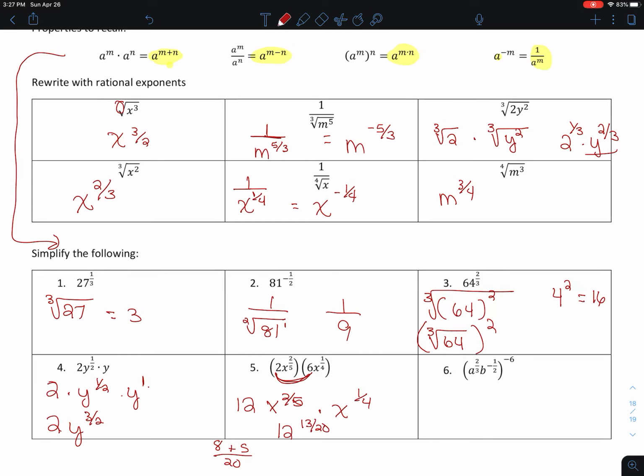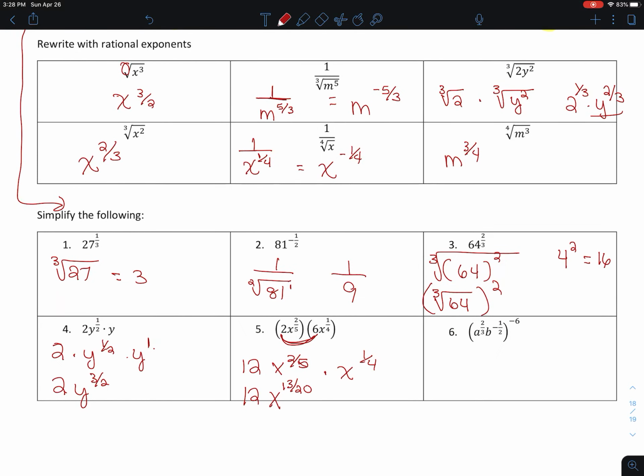You can check my math on that. I'm not sure, but I added those two exponents. I tried anyway. So, I wrote that all wrong. Sorry. Okay. So the 12 remains, and then it's x. Adding the exponents, I think I get 13 over 20.